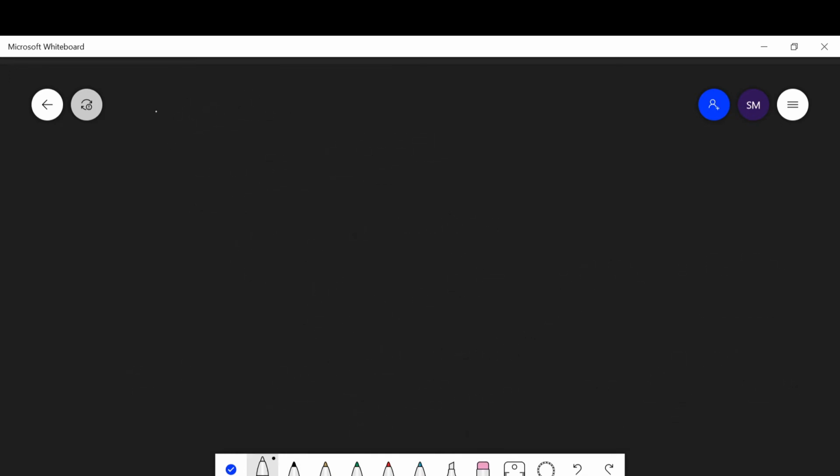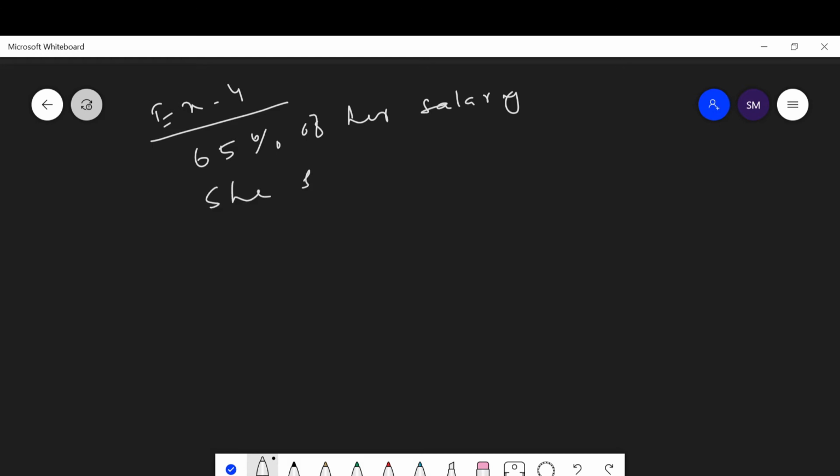Here another question says, Sarita spends 65% of her salary and the rest she saves. You don't know the salary of Sarita, but you found that she saves rupees 2940.